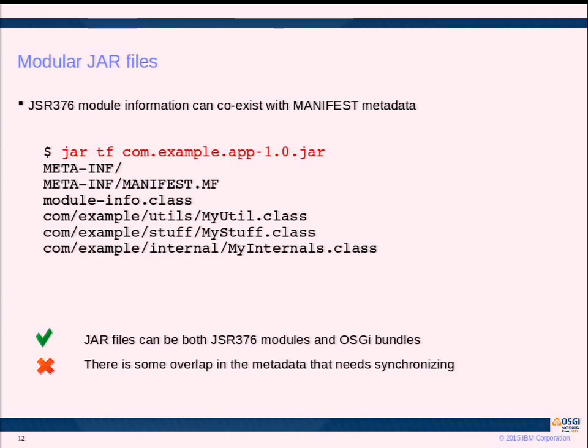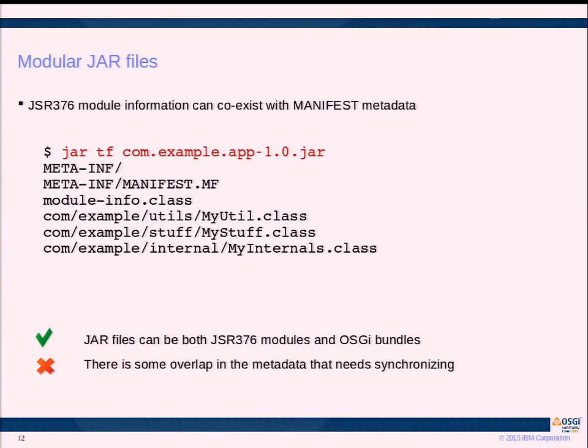But some good news is that the module information, because it's in this module-info.class, can be stored alongside the metadata information which is stored in the manifest. So if you looked inside a jar file, you could actually use the same jar file both as a module for the Java platform, by including the module-info.class, and as a bundle for OSGi by putting the information in the manifest.